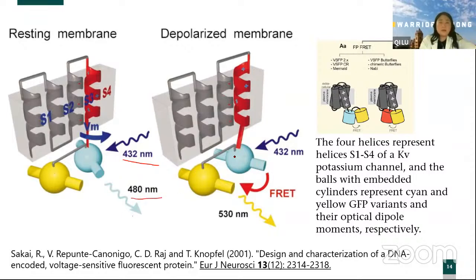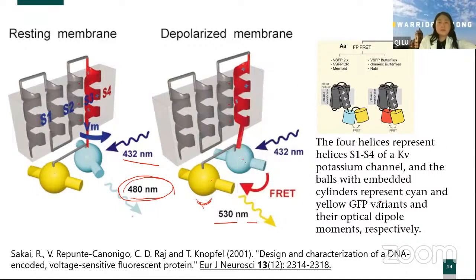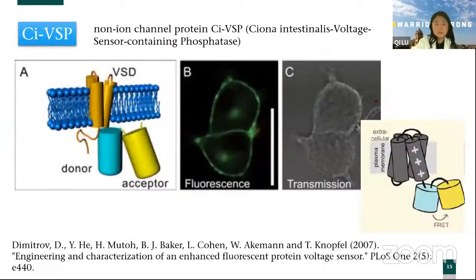But after depolarization, the two parts become close enough, so FRET happens, the blue light is gone, the emission comes from the other protein, and yellow light comes out. The FRET fluorescent proteins used include the Mermaid, the VSFPs, and the chimeric butterflies, which use FRET and are linked to the four transmembrane domain of the potassium channels.